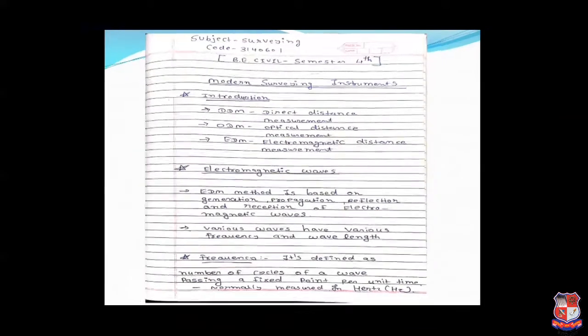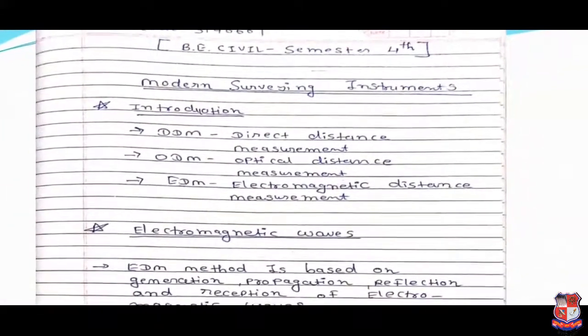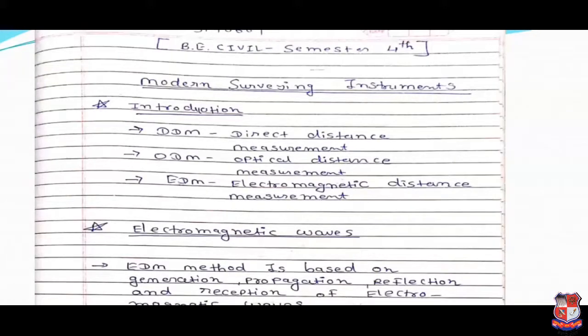Here you can see in the introduction, we have 3 distance measurement methods, classified as DDM, ODM and EDM. The full forms of these 3 are direct distance measurement, optical distance measurement and electromagnetic distance measurement.